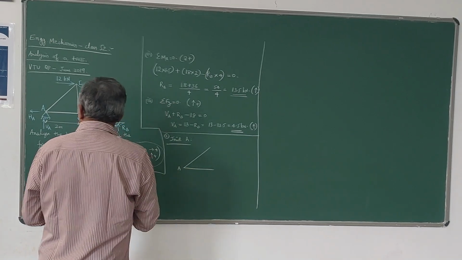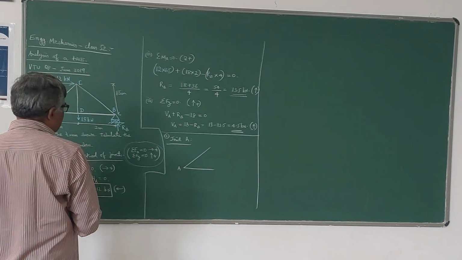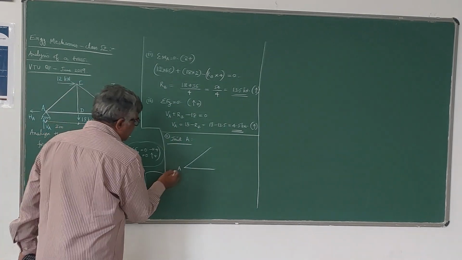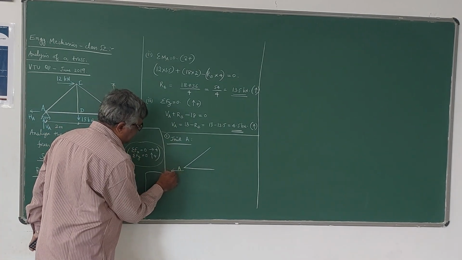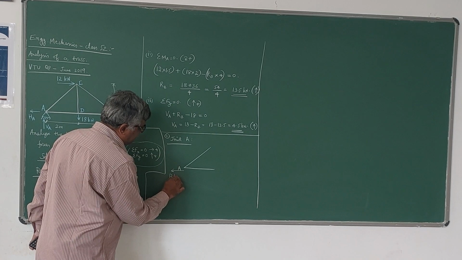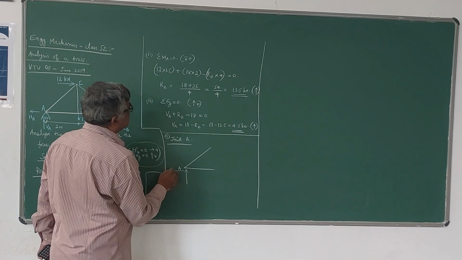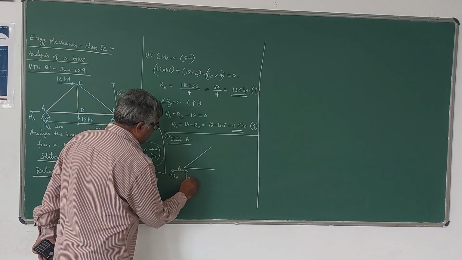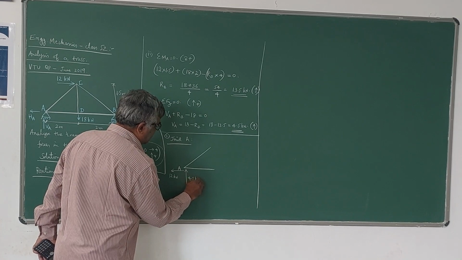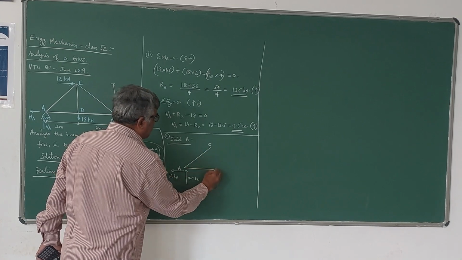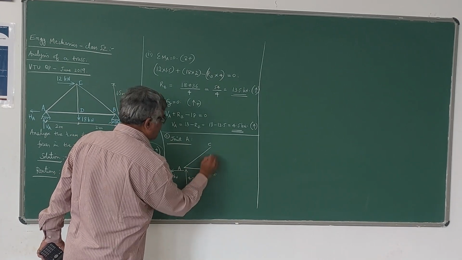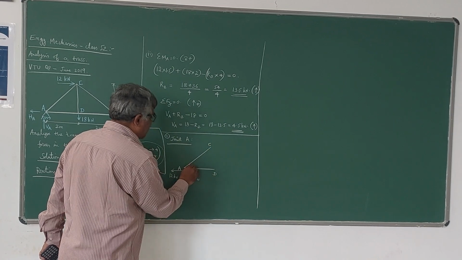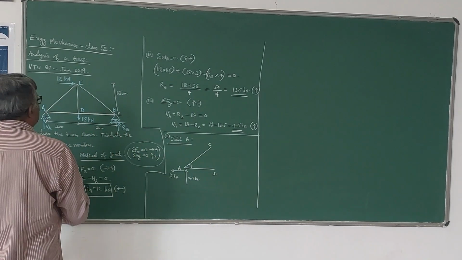You have a horizontal reaction and a vertical reaction at the joint A. Horizontal reaction HA is acting like this, 12 kilonewton. VA is acting like this, it is 4.5 kilonewton. And we don't know the forces in these two members. So I need this angle now. Let us calculate this angle.